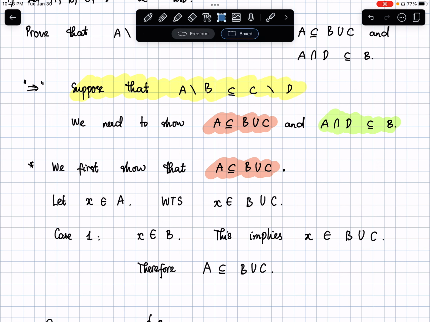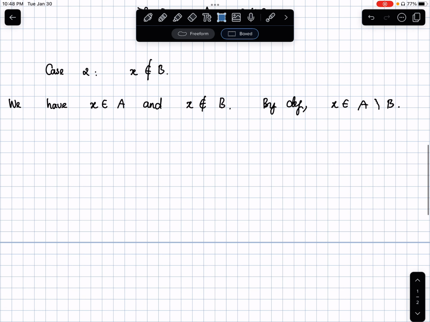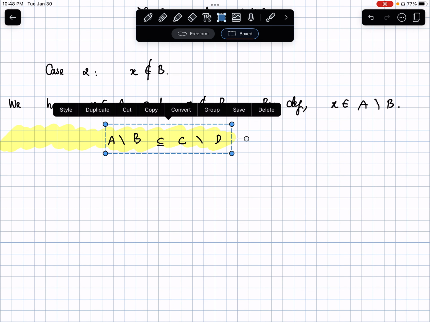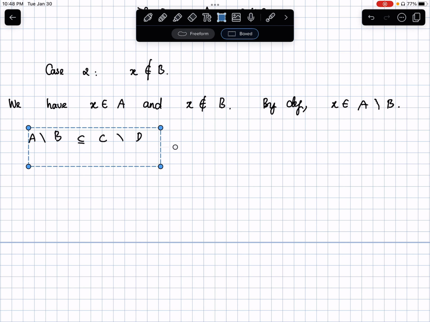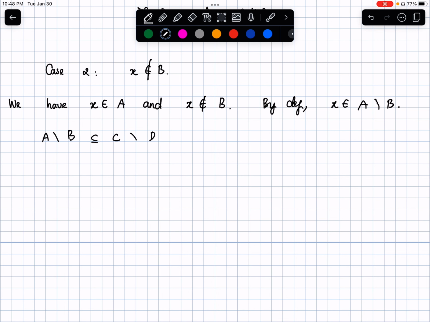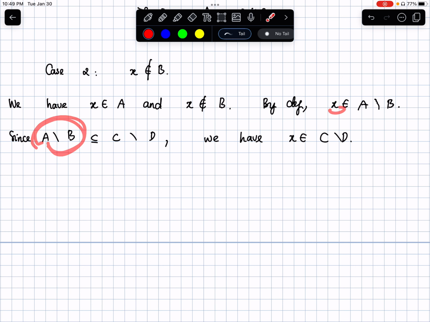So since we have this part, because A minus B is a subset of C minus D, X must be an element of C minus D. Does this make sense? X is in here, but here is a subset of there.